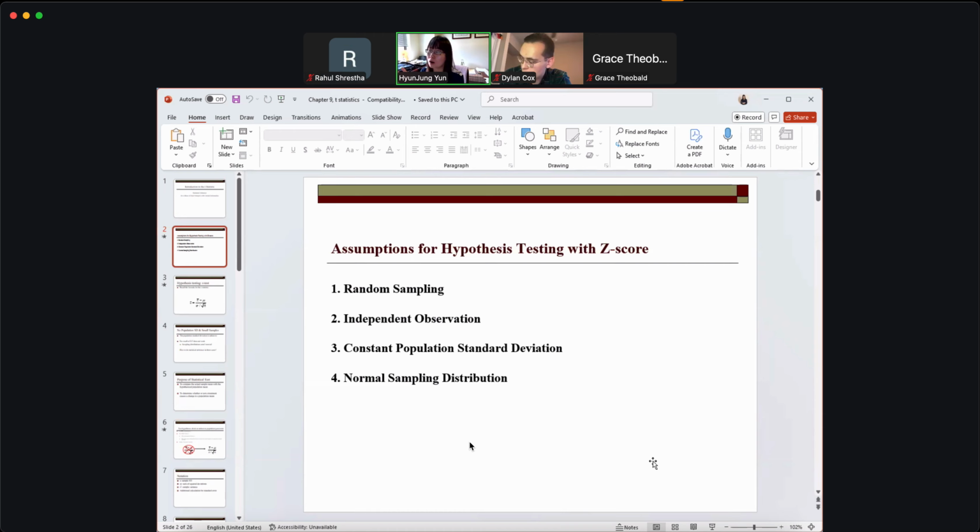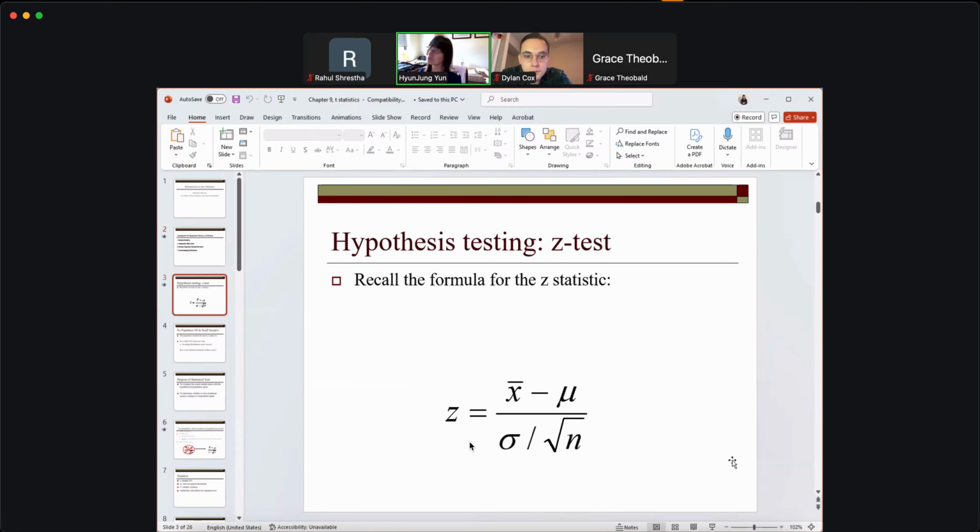Again, not memorizing, but just to know that's the set of assumptions we have in order to do a Z test.